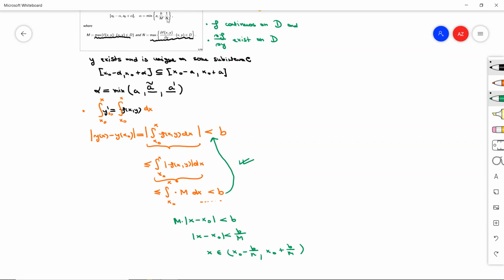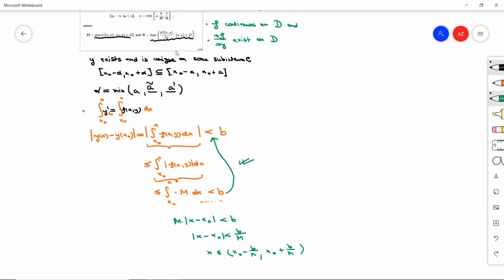Okay, and the third condition is obtained by similar reasoning. We need another theorem which is not very deep, but it would take us another half an hour to explain it. So I won't explain how to obtain this third bound, but the third bound is 1 over the maximum of the derivative of f with respect to y.